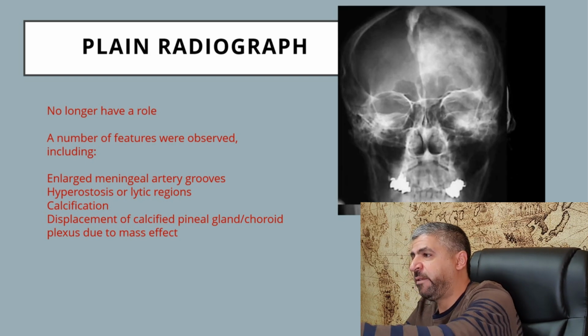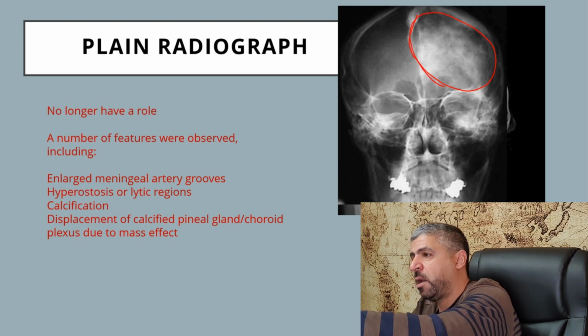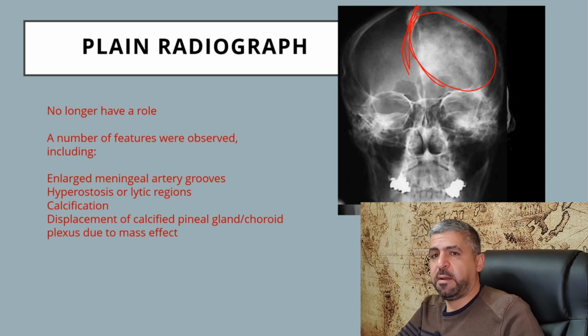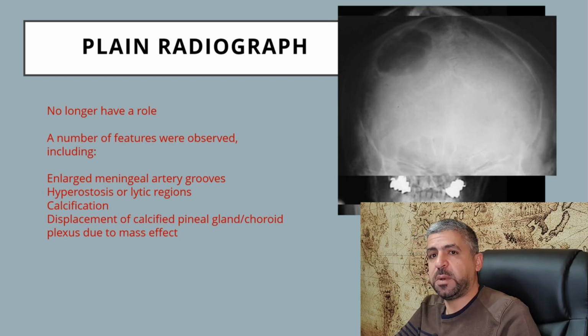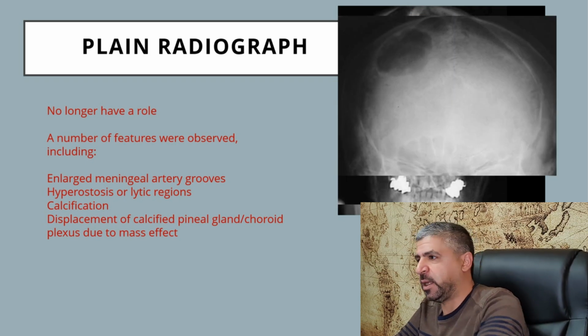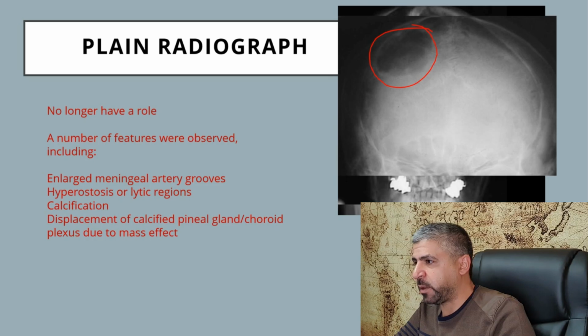Another example, an entirely calcified lesion, you can see it here causing mass effect, displacing the falx cerebri to the right side, and it was a meningioma. Here is an example of a meningioma showing like a lytic lesion. You can see here there is a lytic lesion in the skull, and it was a meningioma.